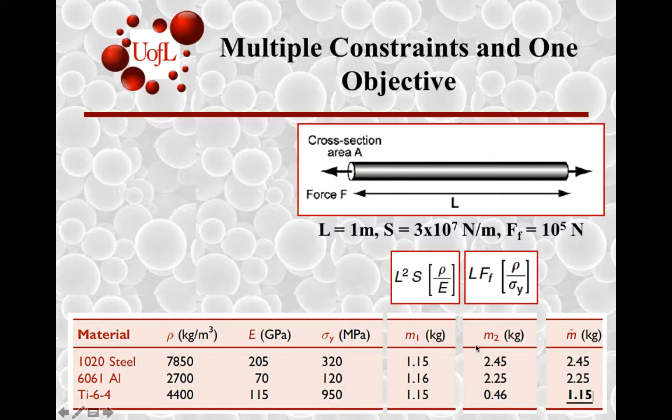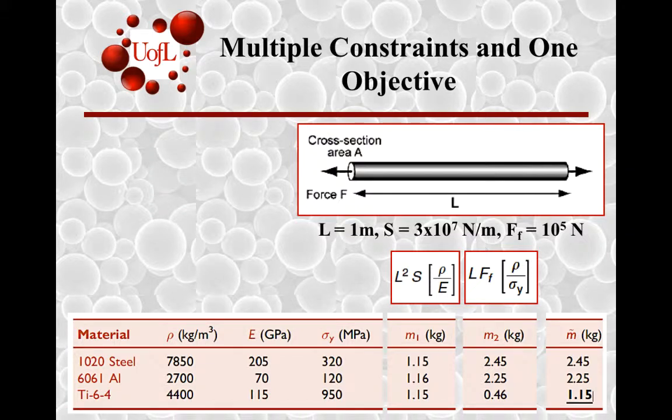For steel, for aluminum it will be 2.25 because that would be the larger of 2.25, 1.16. For titanium, 6 aluminum, 4 vanadium, it will be the larger of 0.46 and 1.15, so it's 1.15.